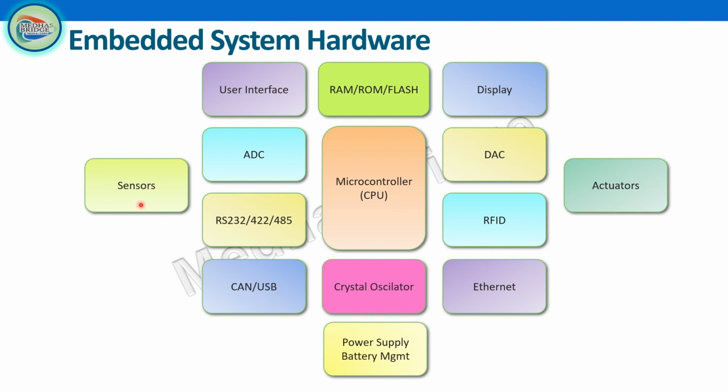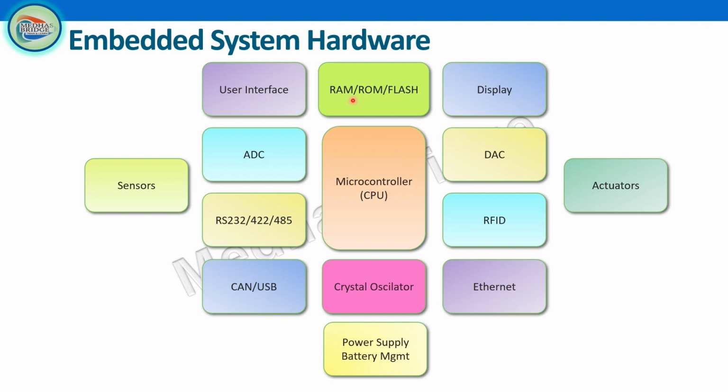The sensor basically sends an analog signal to our embedded system. In the front end circuitry of the embedded system, we have an ADC, analog to digital converter. The ADC takes the input from the sensor as an analog signal, converts that into digital, and gives it to the CPU. The CPU reads the digital signal, processes it, and stores it in the RAM.